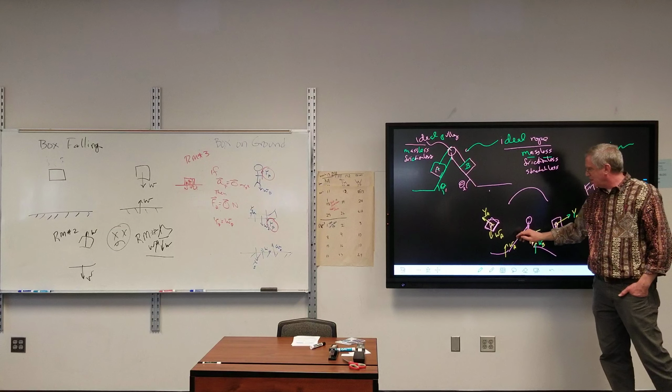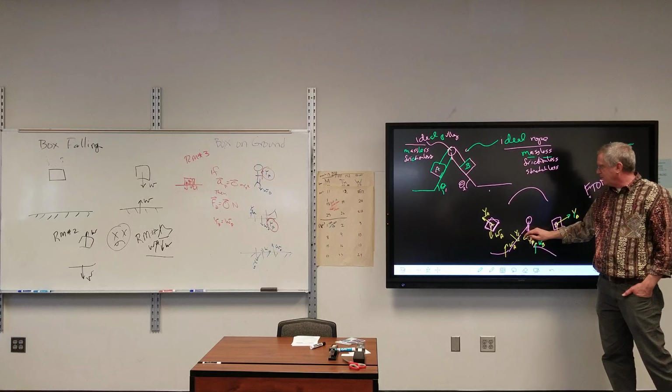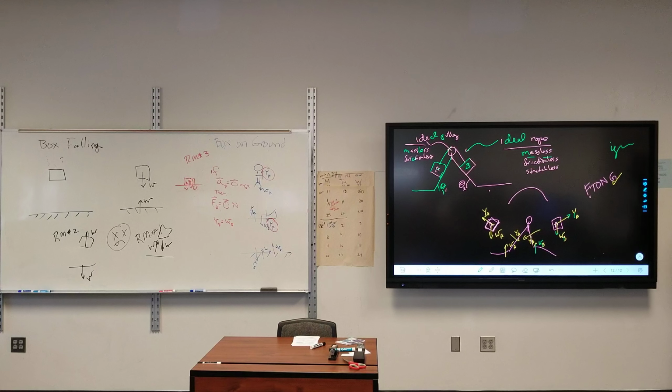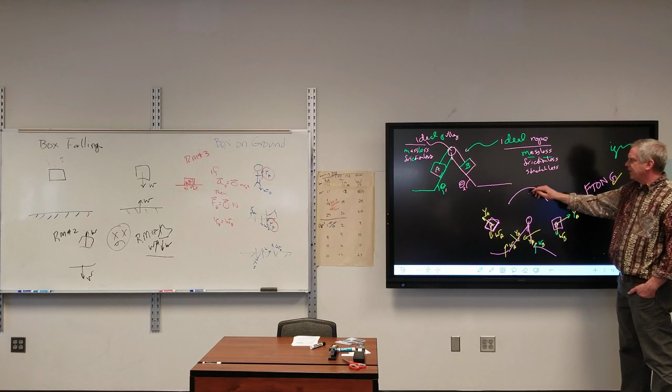N sub A. So that's, oh, there's another pair of normal forces. The rope and the pulley. Oh, no, the rope and the box, we're going to call that tension. Rope and the pulley, yeah.